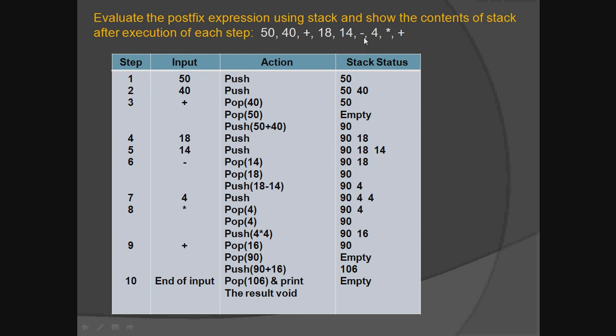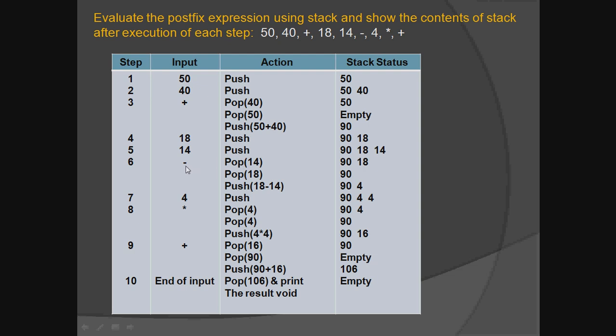Clear? Then comes the minus symbol. When the minus symbol is entered, 14 is on the top of the stack, right? So pop the number 14, and inside the stack we will have 90 and 18. Again pop 18, so now inside the stack we will have only the value 90. We need to pop out only two values.